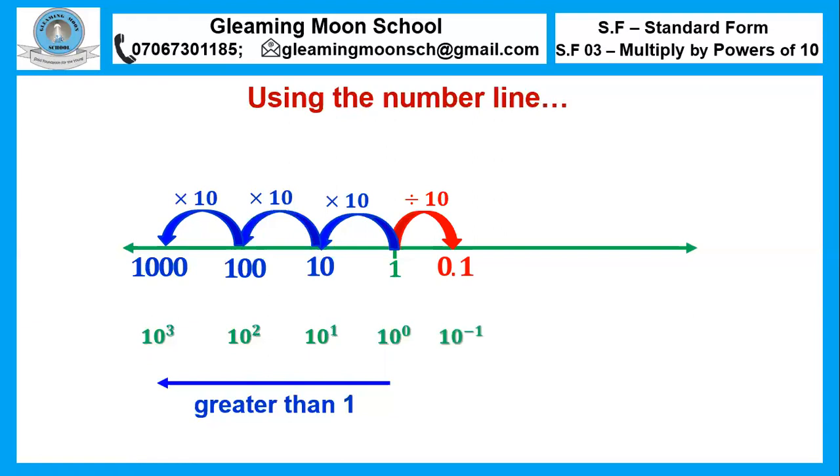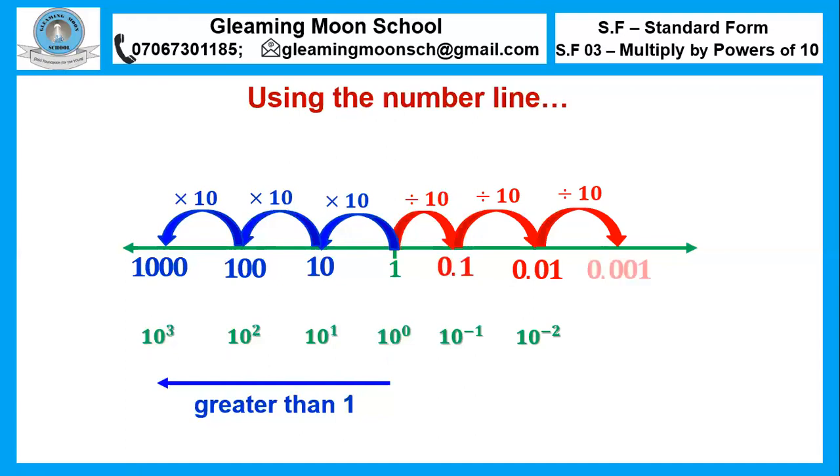Now we move another place to the right once more. Again, we divide by 10, and that gives us 0.01, which is 10 raised to the power of -2. Now we move another place to the right. That is also dividing by 10. So we have now divided by 10 3 times.